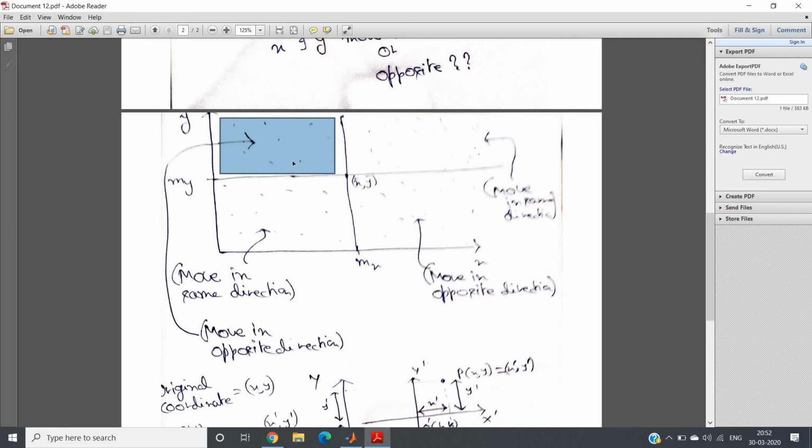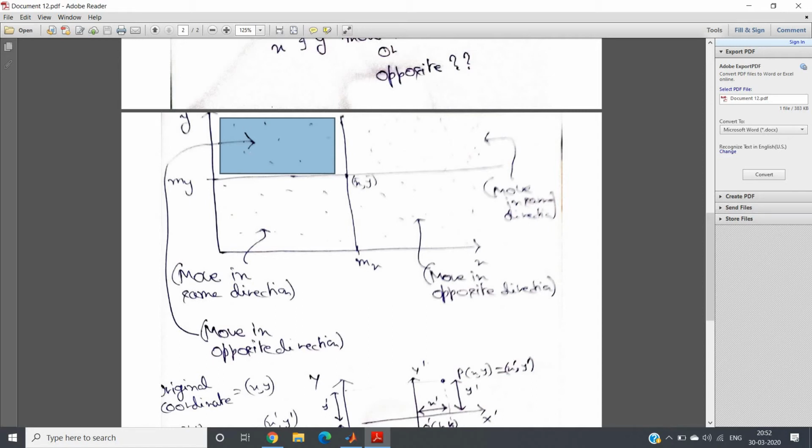In this particular part, whatever points are present, we can say that their x coordinate is less than the mean, but their y coordinate is more than the mean. The x coordinates of the points present here are less than x bar, but the y coordinates are more than y bar. That means y is more than its mean, but x is less than the mean of x.